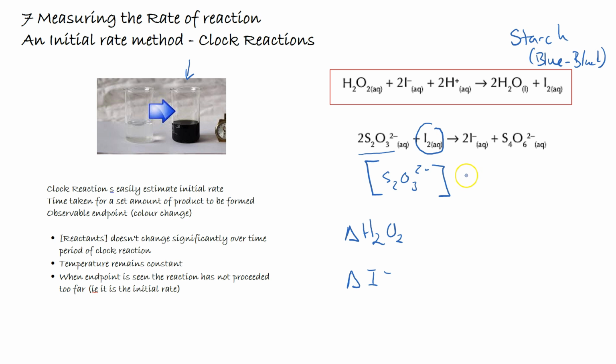The only thing that we have to do between reactions is to ensure that our thiosulfate concentration remains constant and that we keep the total volume of the solution the same by adding water, so that concentrations are changing, but the total volume is the same in all the other experiments.